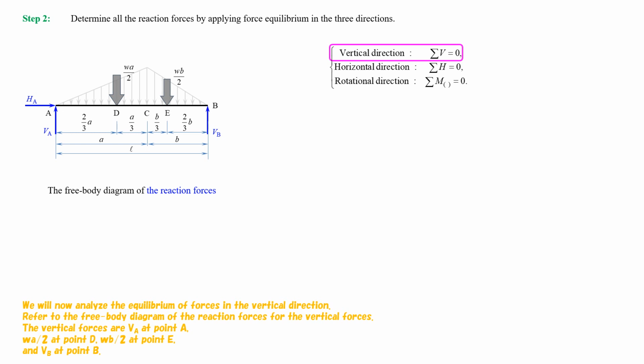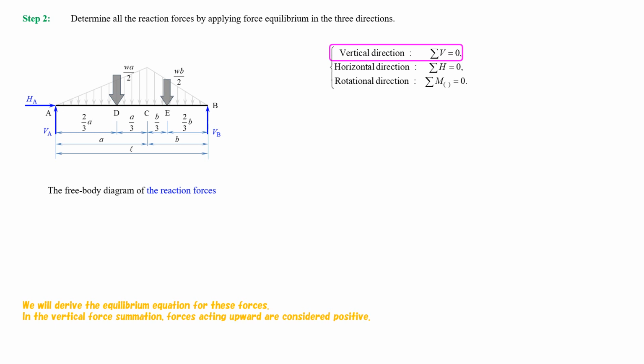The vertical forces are VA at point A, W multiplied by A divided by 2 at point D, W multiplied by B divided by 2 at point E, and VB at point B. We will derive the equilibrium equation for these forces. In the vertical force summation, forces acting upward are considered positive.